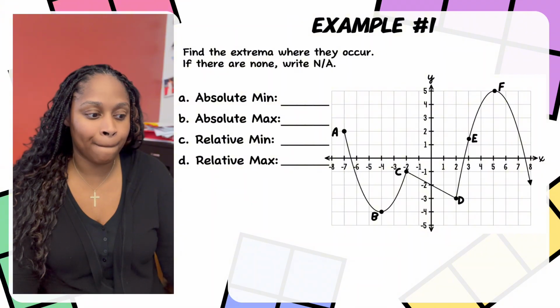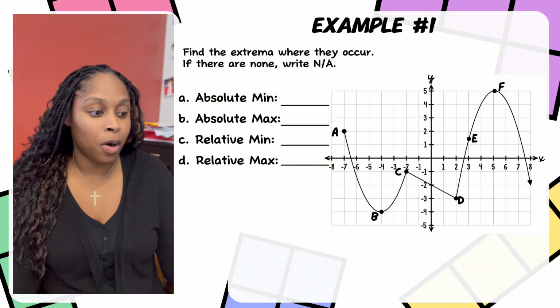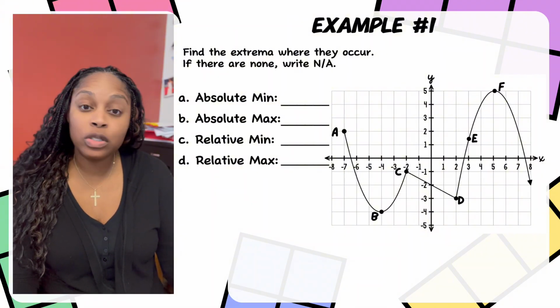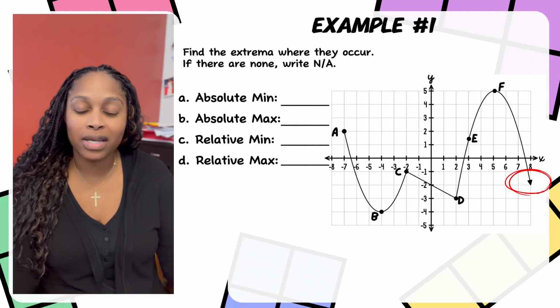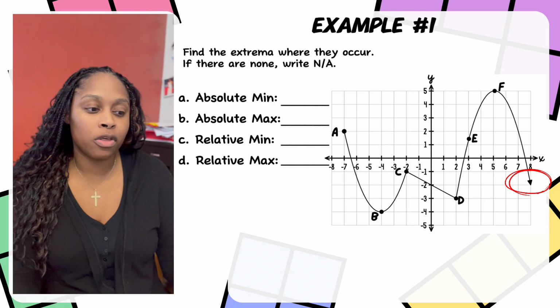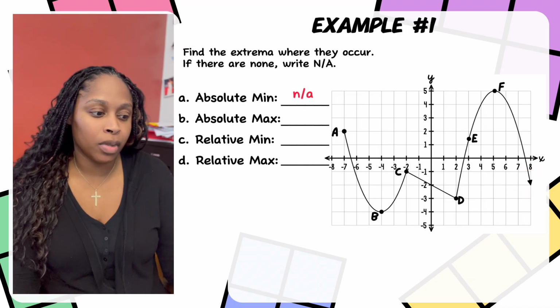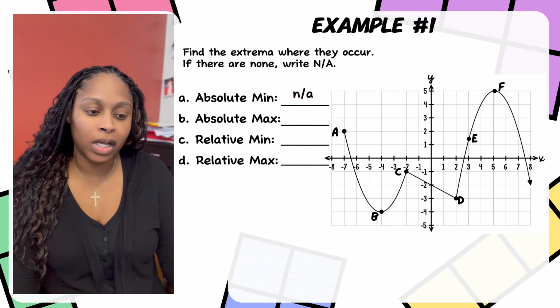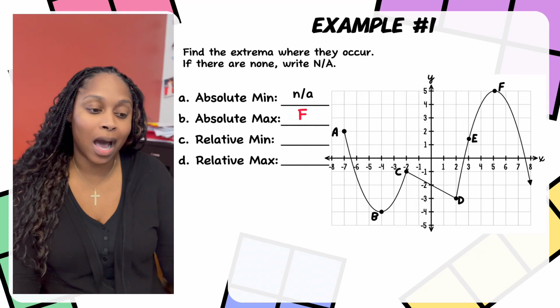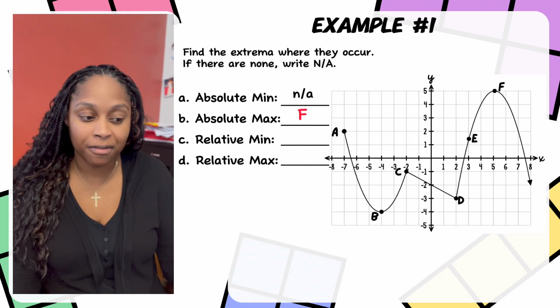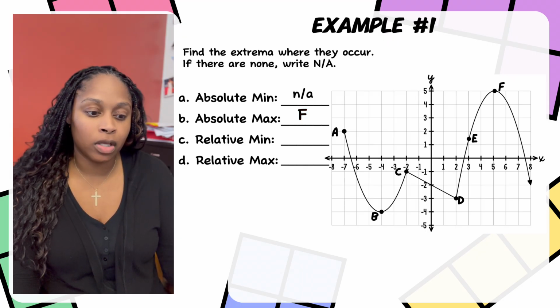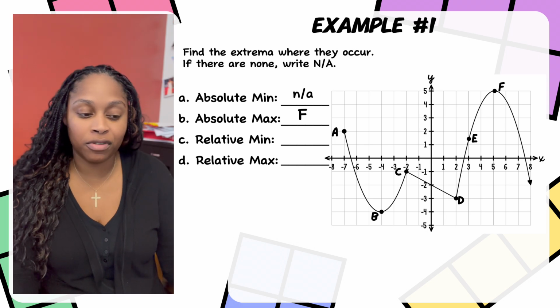Okay, so for part A, the absolute min, we don't have an absolute min because we have that arrow at the end that's going to be going down, down, down forever. So there is no absolute min. Part B, the absolute max, it's going to be at point F. That's the highest point on the entire graph. C, relative min. It's a low point in the graph.